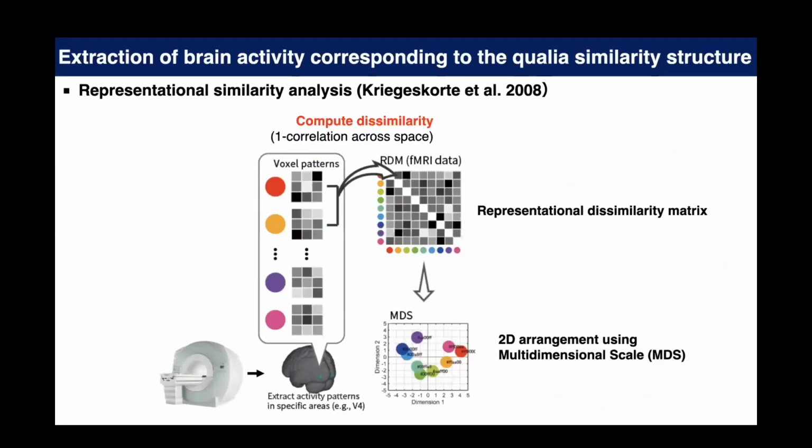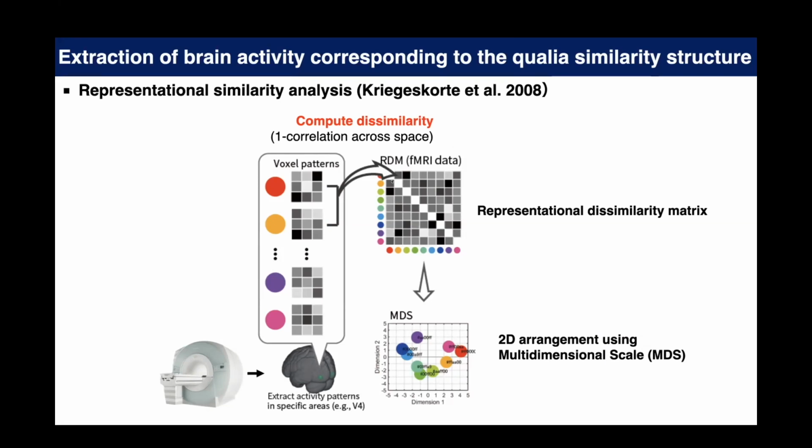Yeah, this is the result of what we have for now. So let's go to the representation similarity analysis result. Inside MRI, we scan and we extract activity patterns for each color in different brain regions. So red voxel patterns, orange voxel patterns, and we correlate every combination of patterns, and we create this similarity matrix.